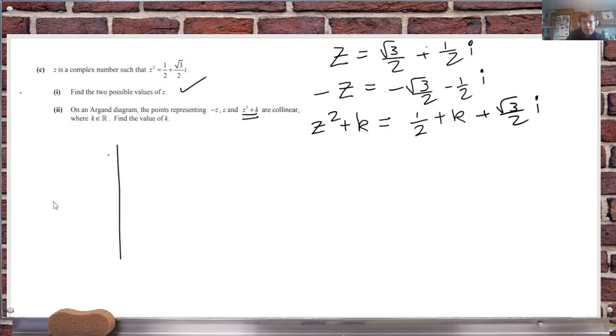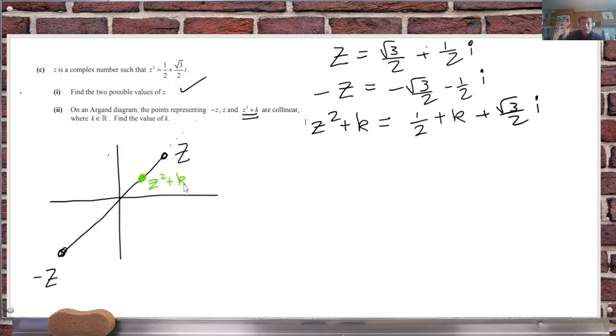And they're supposed to be collinear. So there's z, there's minus z, and somewhere on this line, perhaps in the middle somewhere, or perhaps further out actually, there's a z squared plus k.